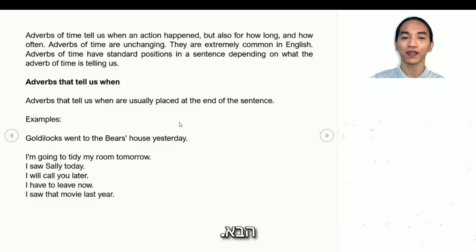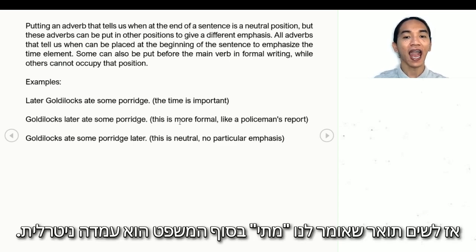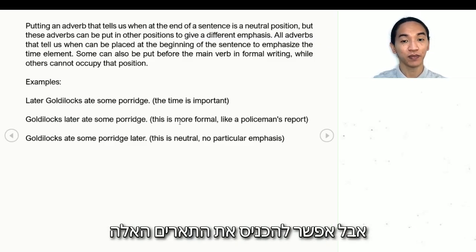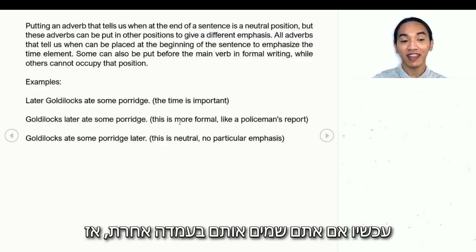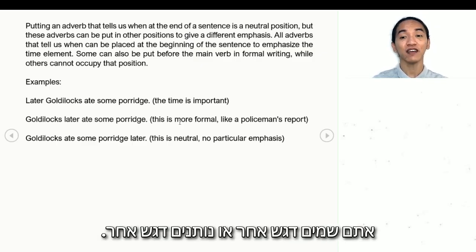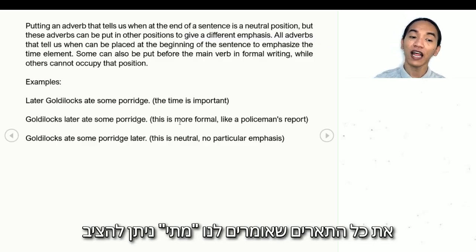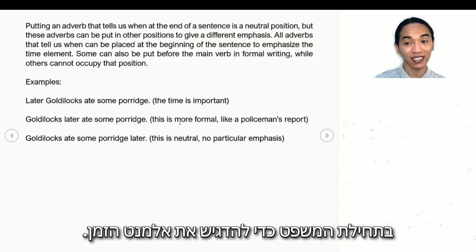All right? Next, putting an adverb that tells us when at the end of the sentence is a neutral position. But these adverbs can be put in other positions to give a different emphasis. Now, if you put them in a different position, then you are giving a different emphasis. All adverbs that tell us when can be placed at the beginning of the sentence to emphasize the time element.